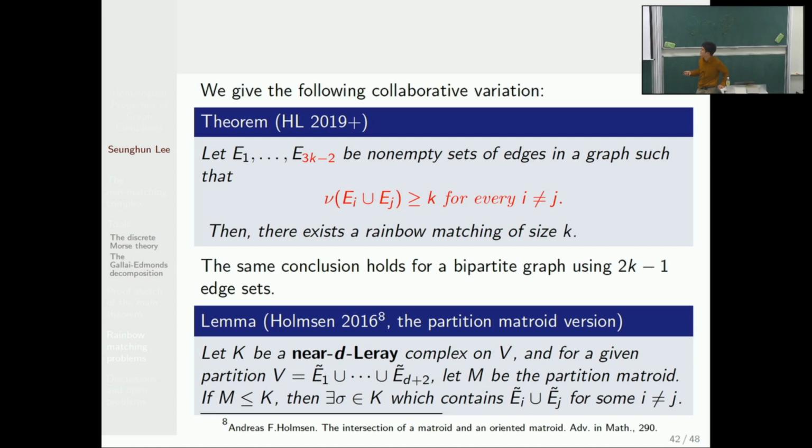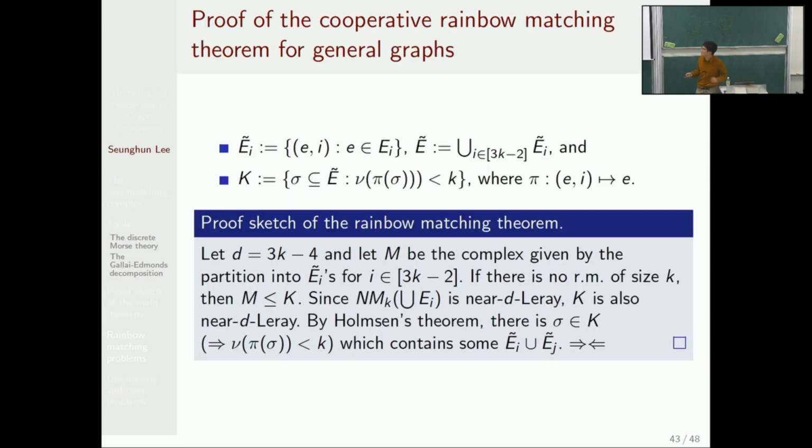This is the theorem, and let us briefly see the proof argument. Rather than just considering the edge sets, maybe the edge sets would not be disjoint, so we duplicate edges if they appear in many different edge sets. For duplicating the edges, we use colored edges here.